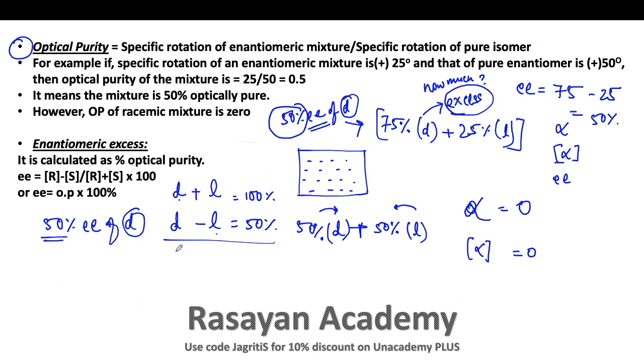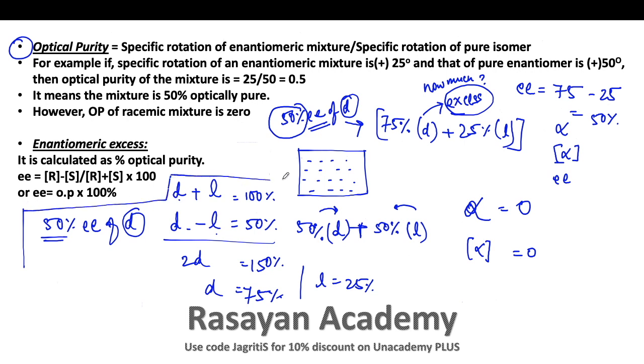So this equation is going to help you out to get the percentages. So this is 75% of D. From the same equation, D minus L equals 50, you can also find out that L is going to be 25%. So this is how you go backwards from the enantiomeric excess value.